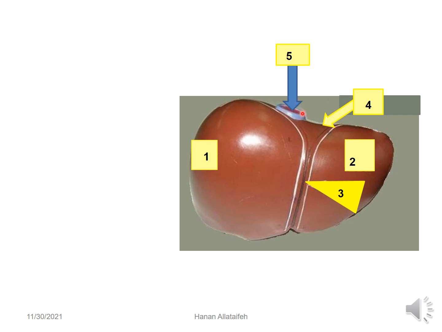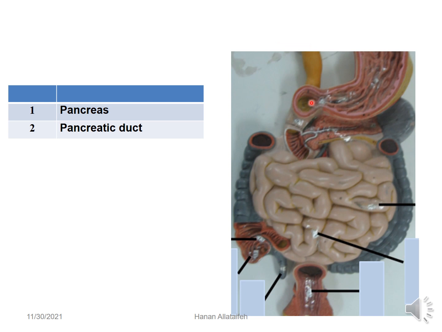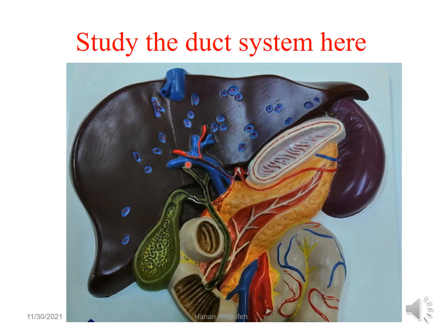You can see the superior vena cava here. Here, from the accessory organs, you can see the pancreas here with its pancreatic duct. Now here, we want to notice that the head of the pancreas is closely related to the duodenum.